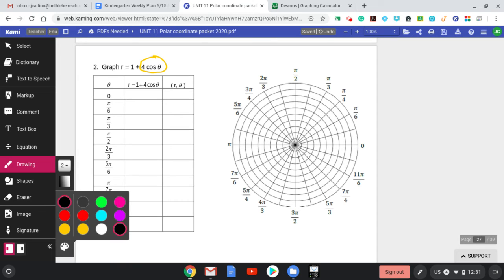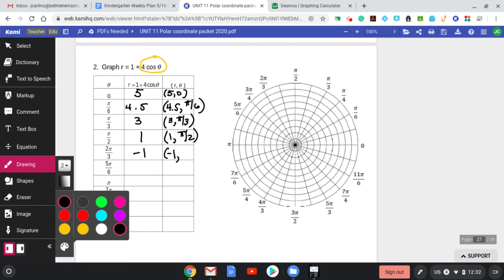All right, because this is going to be an interesting graph here. So this is going to be 5, so I'm going to add 5, 0. And let's fill in the table on this one first, all right? 4.5, 4.5 comma pi over 6. 3, 3 comma pi over 3. 1, so 1 pi over 2. Negative 1. All right, so we're going to have to talk about where do I go now.